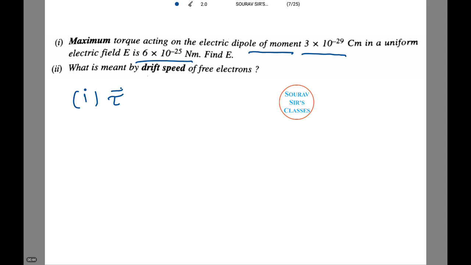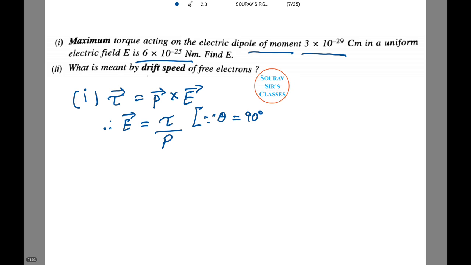Tau equals P into E. Therefore, E equals tau by P, since theta equals 90 degrees.